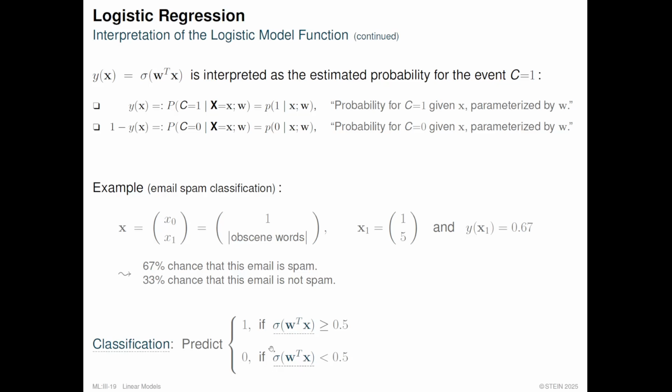But here what we need to do is introduce a threshold, which is now, in this case, 0.5. And everything above this we classify as spam, and everything else as not spam.